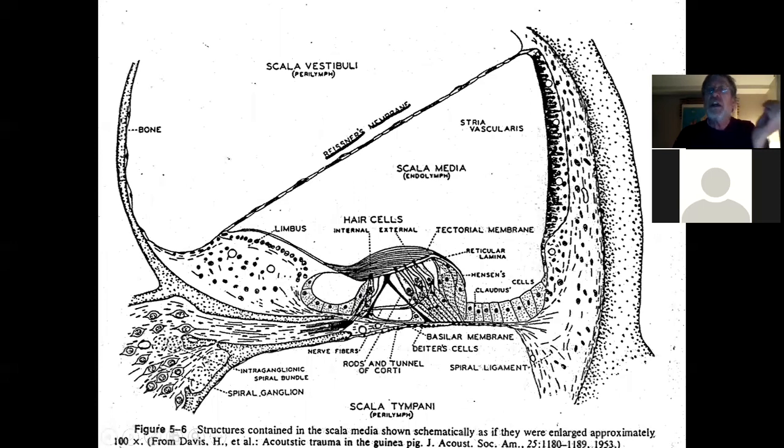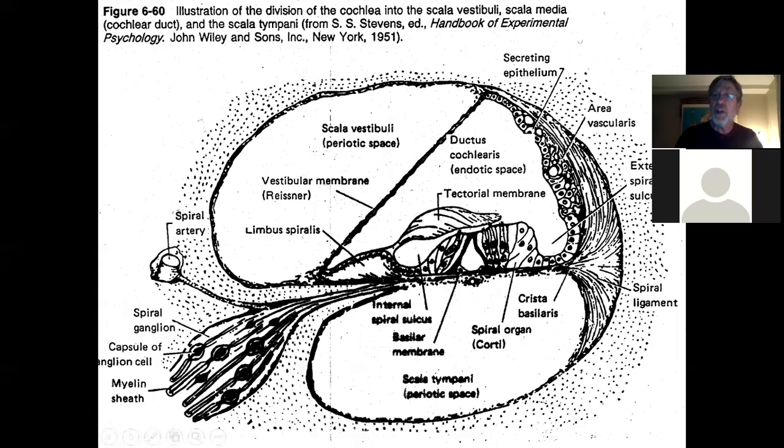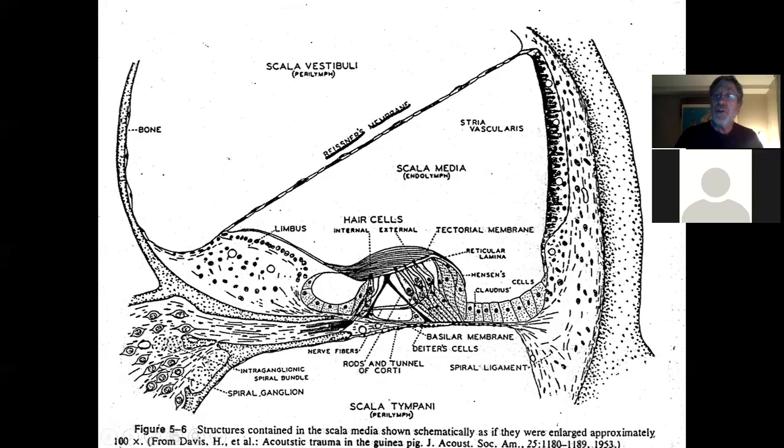Outer hair cells, efferent. Now this must be at the base of the cochlea because there are only 3 rows of outer hair cells. If you were at the apex, there'd be 5 rows of these outer hair cells. You get it? Good. Here's that spiral ligament, that big fan thing, right where my cursor's moving. This here is this here.